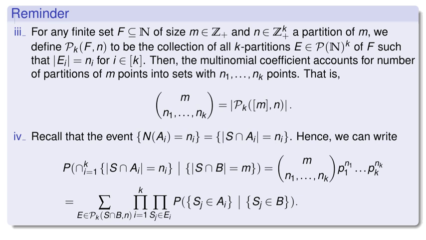This can be expanded as the sum over all partitions E in script P_k of S intersect B, n of the product from i equals 1 to k of the product over all S_j in E_i of P of S_j in A_i given S_j in B.